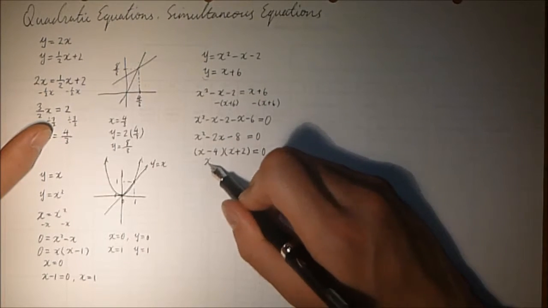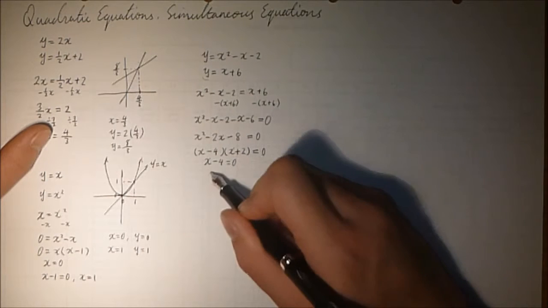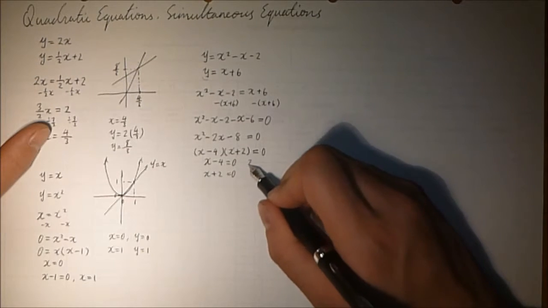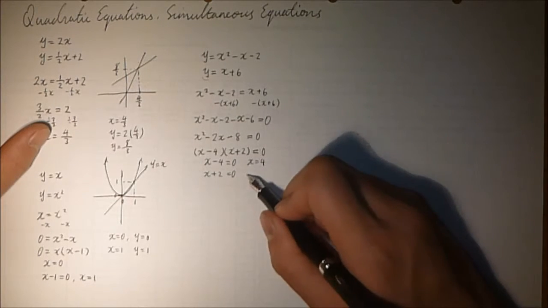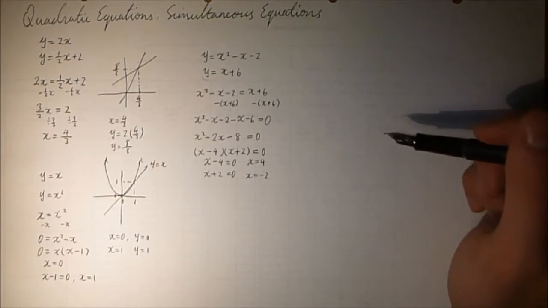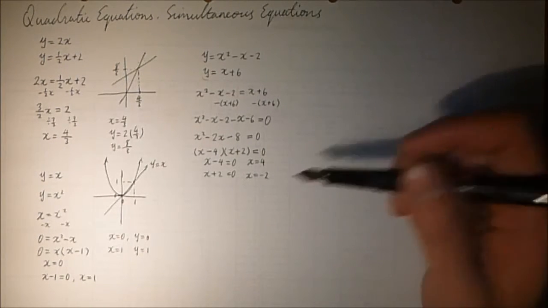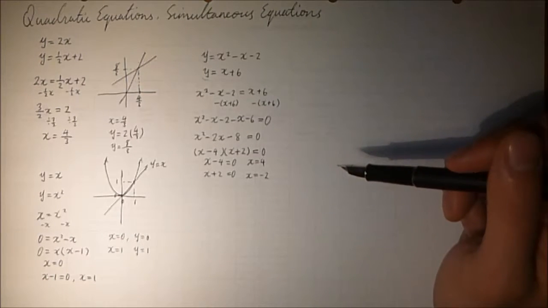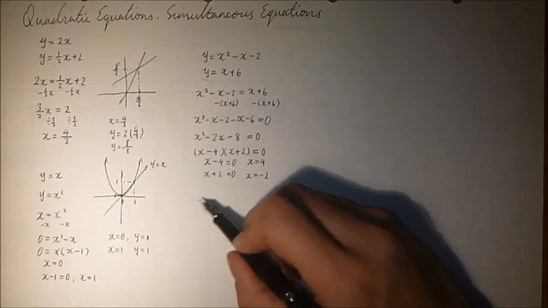So we end up with x minus 4 equals 0 and x plus 2 equals 0. In the first case, x has to be 4, and in the second case, x has to be negative 2. And once again, we substitute these x values back into the original equation to find the corresponding y values.